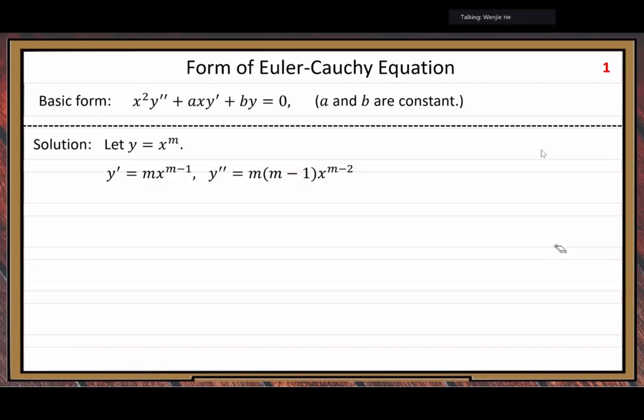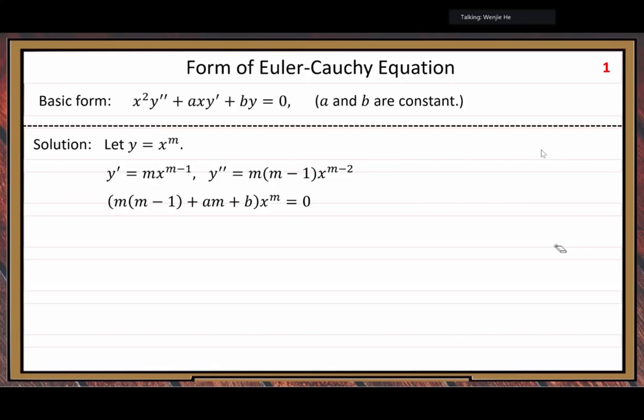Then you can see all three terms have the same exponent number for the power function part, so you can factor out the common factor x to the m for all three terms. After the factorization, inside the parentheses you just have an algebraic equation.